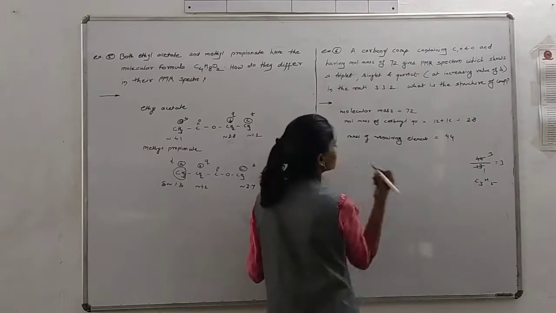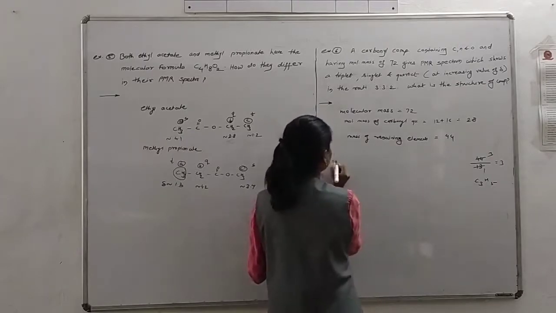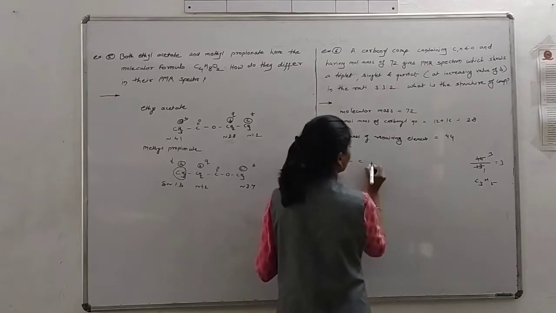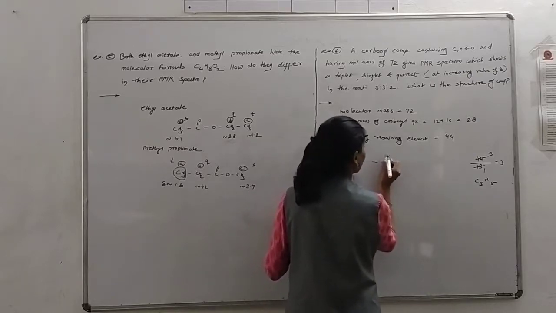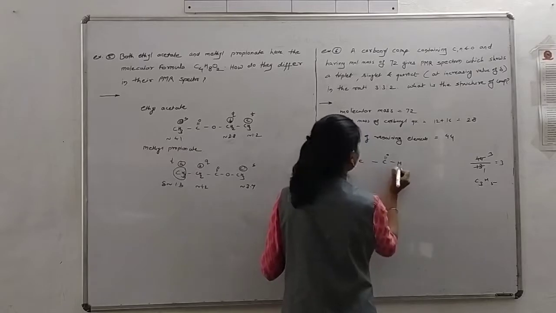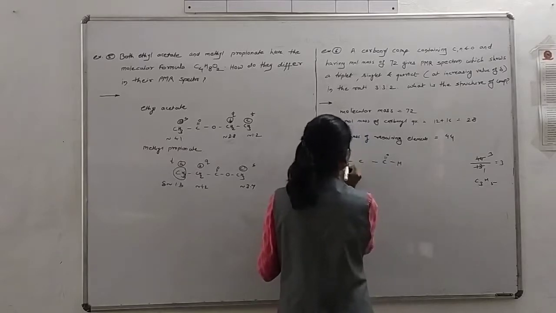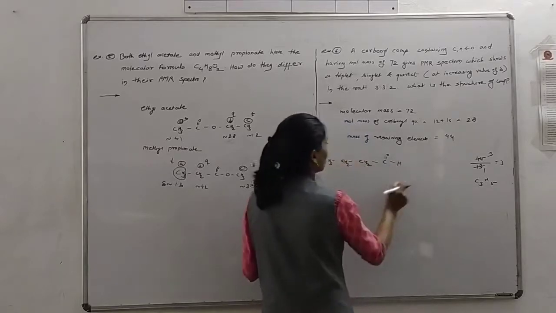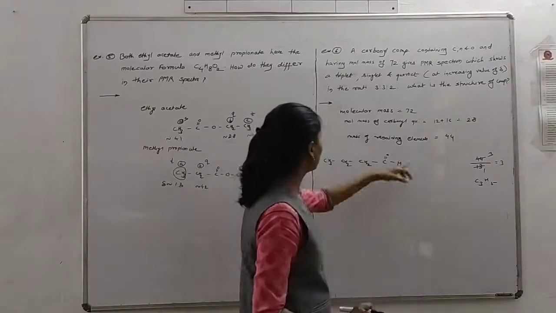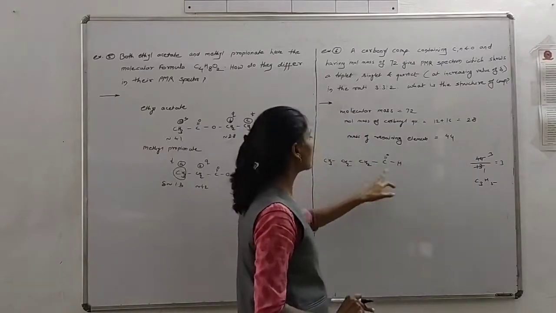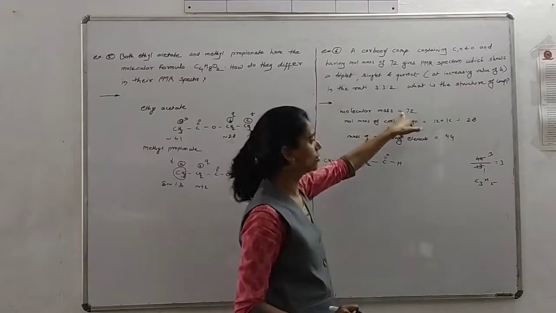So then a possible structure is CH3, CH2, CH2, with 3 carbons and 1 carbonyl group. When we count the mass of this total compound, we get 72.